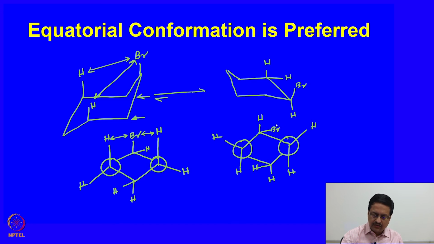So now this bond is in the equatorial position and is no longer in interaction with the two hydrogen atoms which were causing destabilization in the axial orientation. So at room temperature, this particular conformation is more stable compared to the axial conformer. So we will continue this lecture from here in the next class.